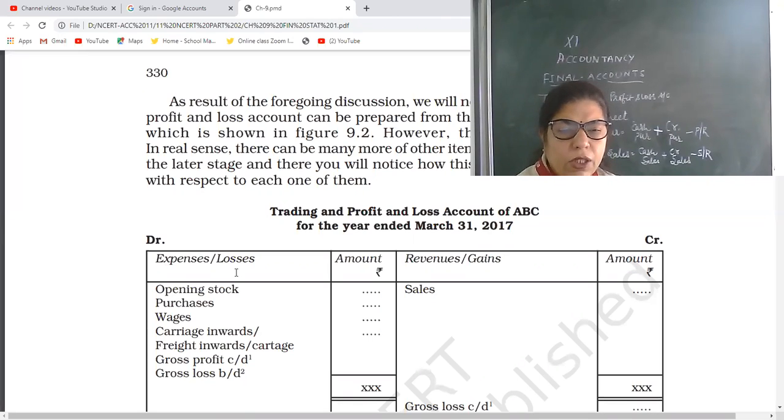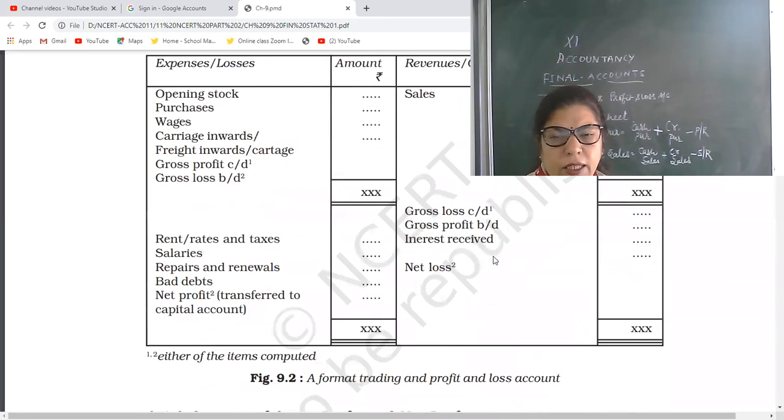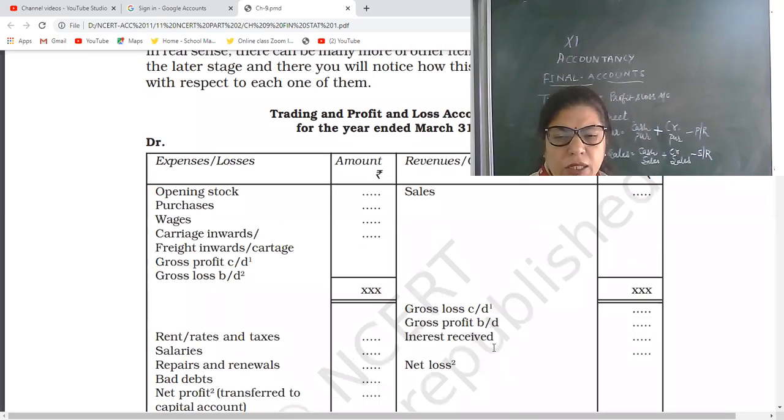Here opening stock, purchase minus purchase return, wages, carriage inward, freight inward, cartage inward, coal, power, fuel, any expenses which are related with factory, manufacturing, will be debited. This side sales, less sales return, and closing stock. Then gross profit is to be transferred this side, gross loss to be transferred this side.